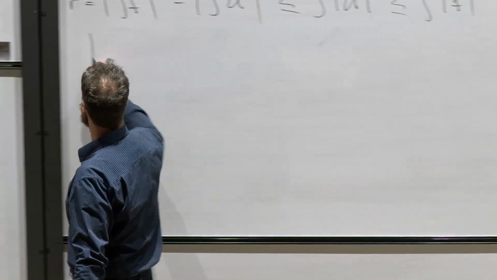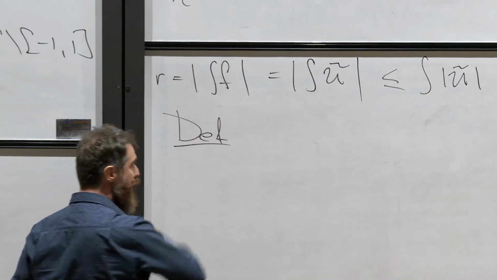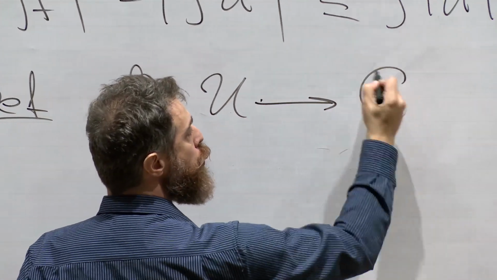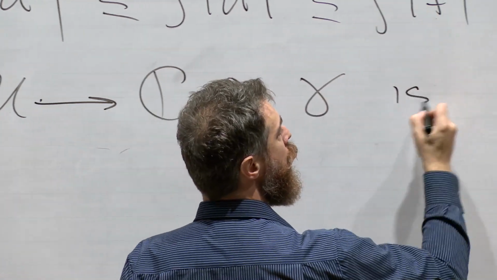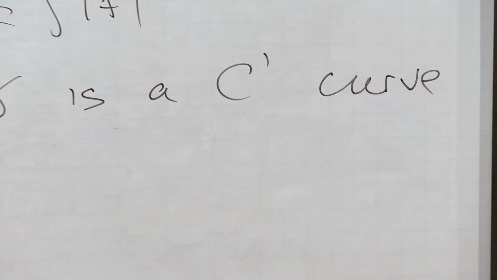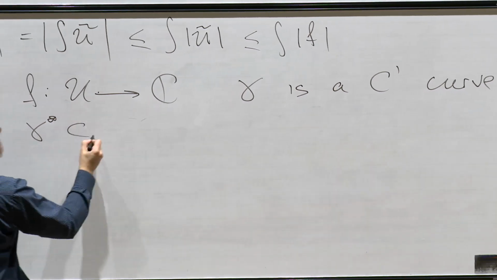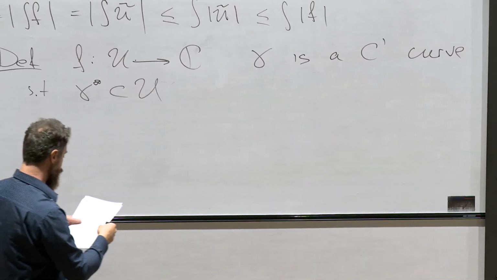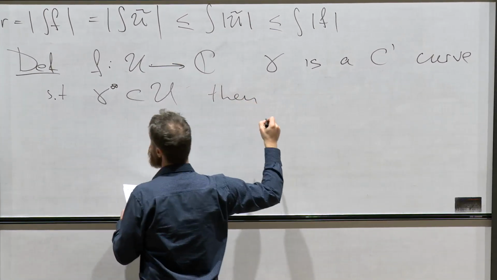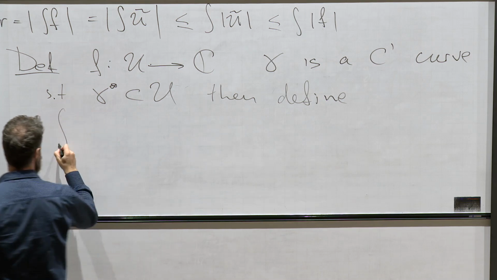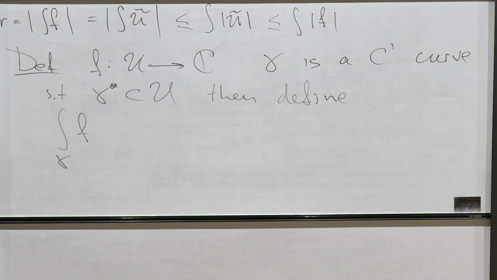Okay, and now we can define what we really want to define. So imagine that we have a function f from some domain U to C, and gamma is a C1 curve such that its image is inside U. Then we define the integral of f along this curve gamma.